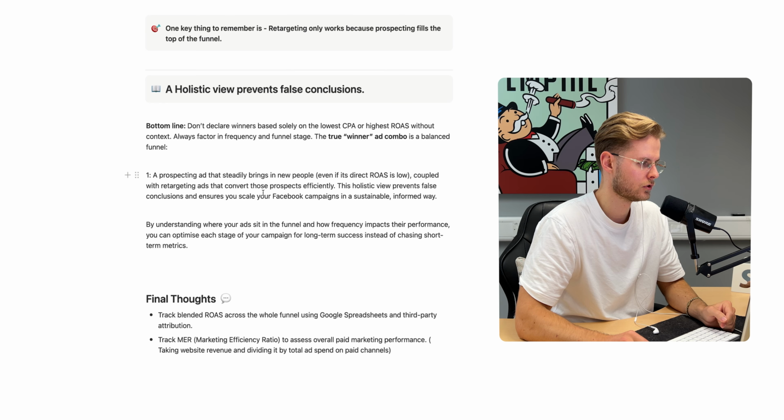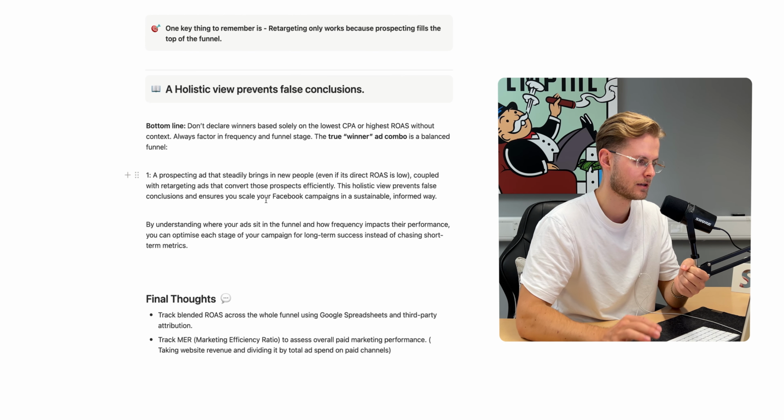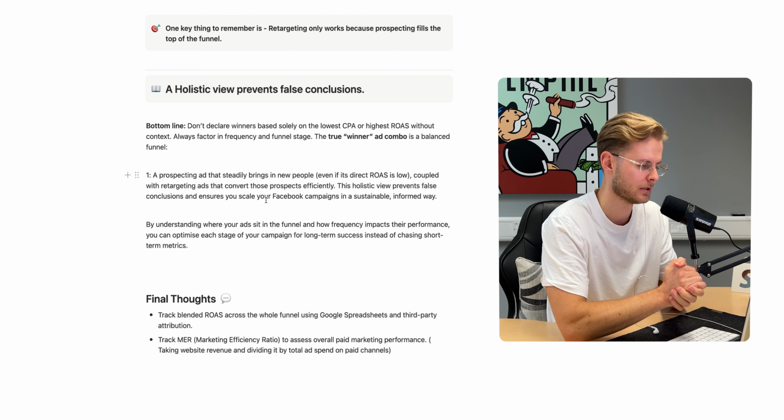So number one, a prospecting ad that steadily brings in people, even if it's got a low ROAS, is reaching net new people. If you have this coupled with retargeting ads that convert those prospects efficiently, this holistic view prevents false conclusions and ensures you actually scale your Facebook campaigns sustainably.